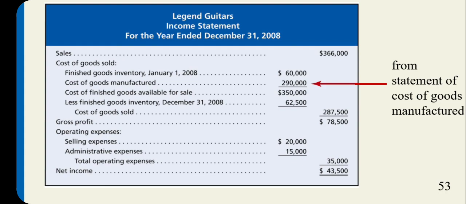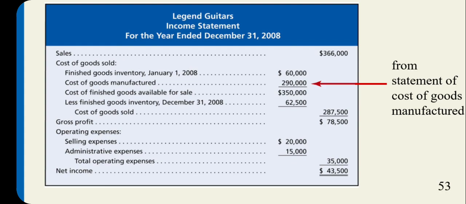So in this example, the finished goods inventory at the beginning of the year is $60,000. Cost of goods manufactured are costs that the business has to pay to manufacture product. In this example, the cost is $290,000. And then the finished goods inventory at the end is $62,500.